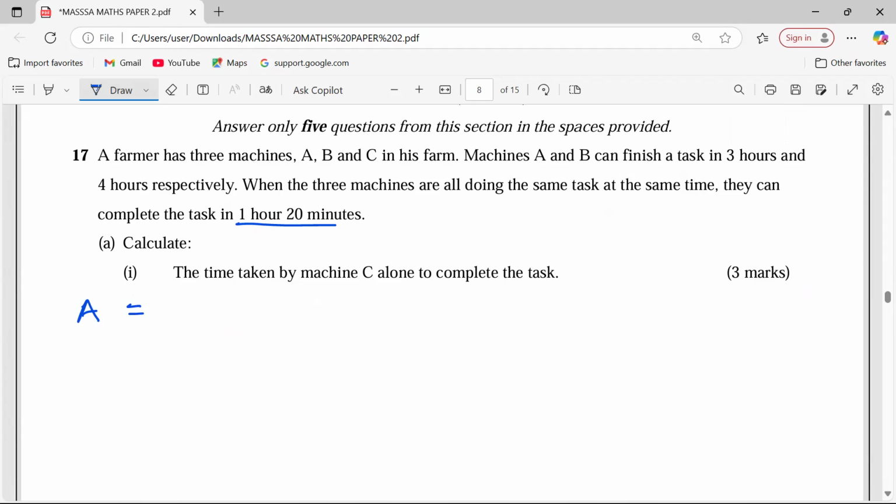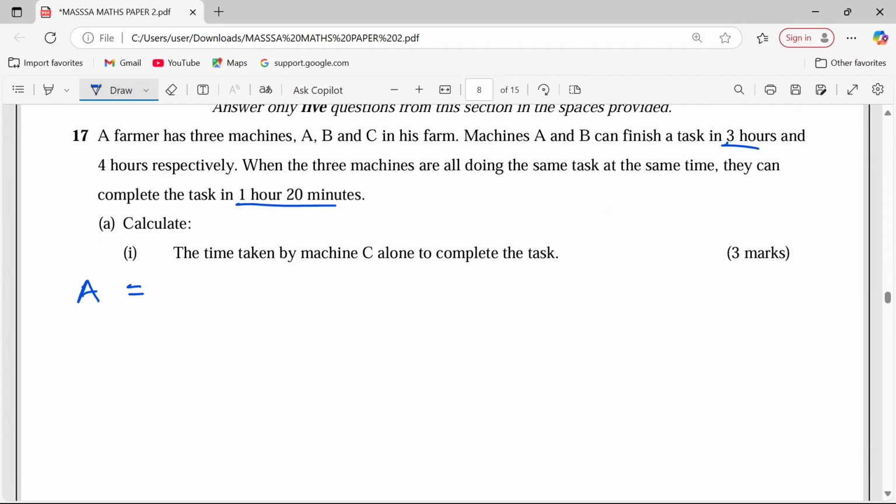Remember, to do the whole task, A takes 3 hours. That means A covers a third in 1 hour. Then B, which takes a total of 4 hours, means that B is covering a quarter.